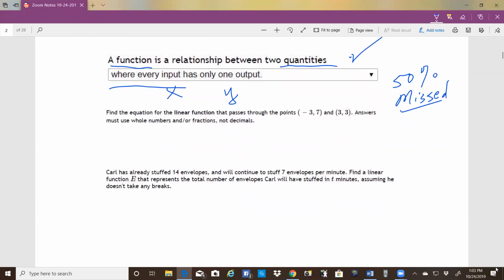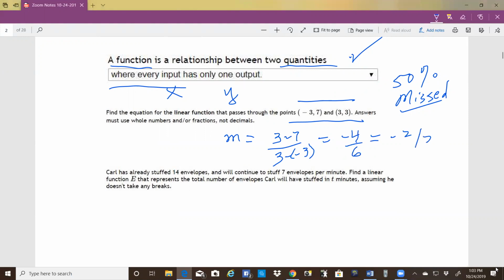Finding the equation for a linear function between 2 points. I'm not going to work this because it's all in the notes, but everybody should have been able to calculate the slope of that line, which is minus 2/3.